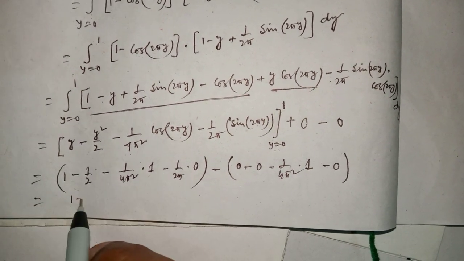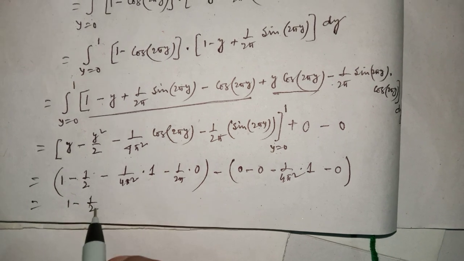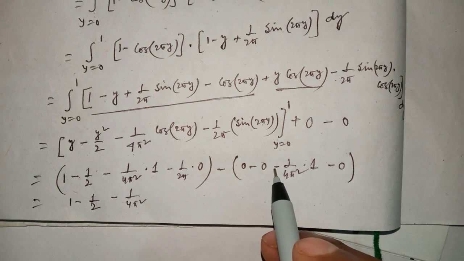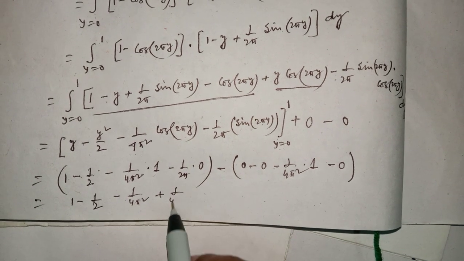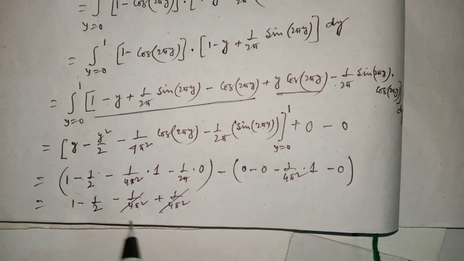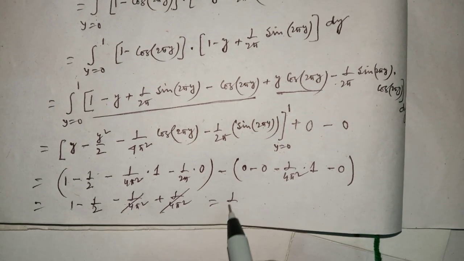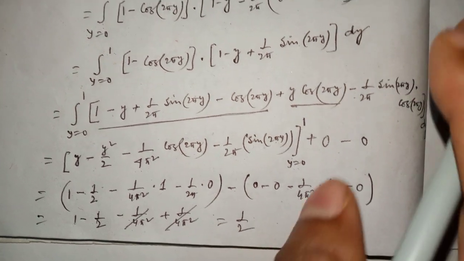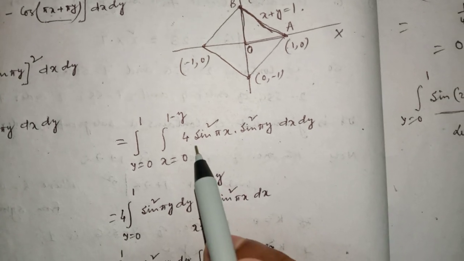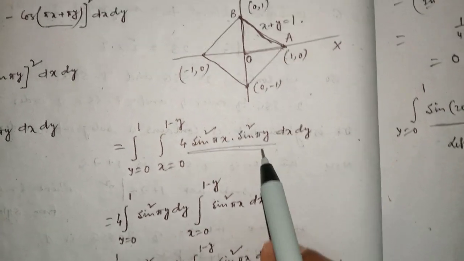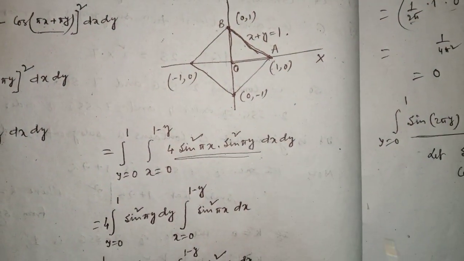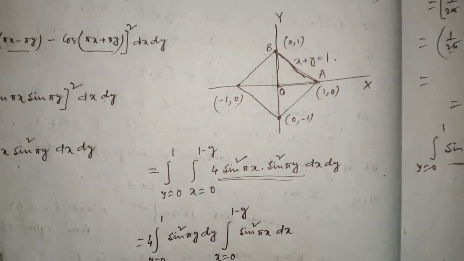This equals 1 minus 1 by 2 minus 1 by 4π square plus 1 by 4π square. The 1 by 4π square terms cancel, so 1 minus half means half. So the integration of this function over the triangle OAB is equal to half.